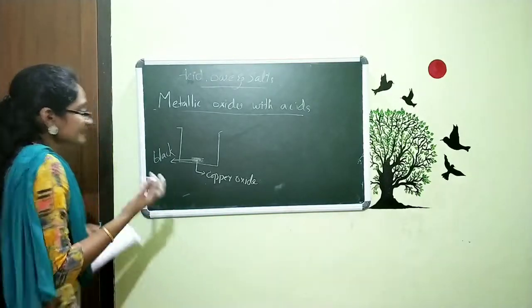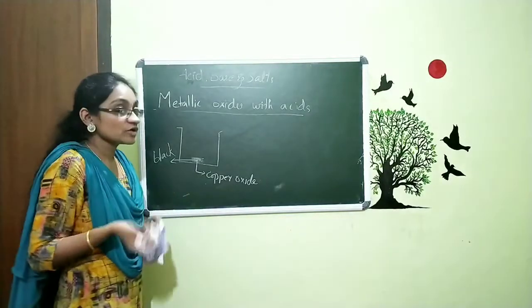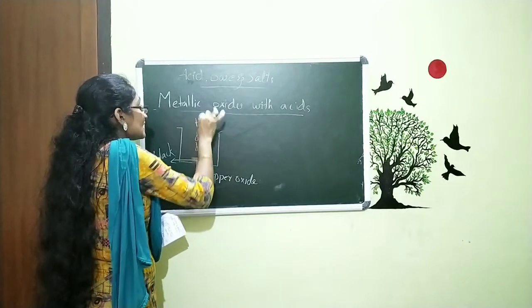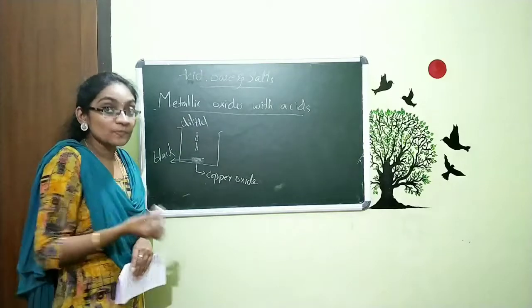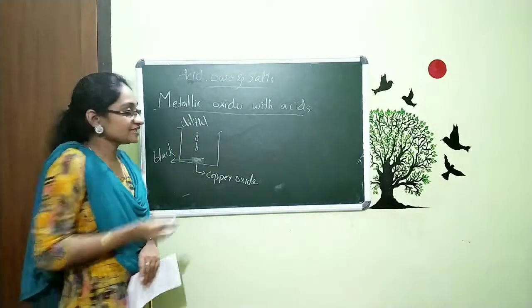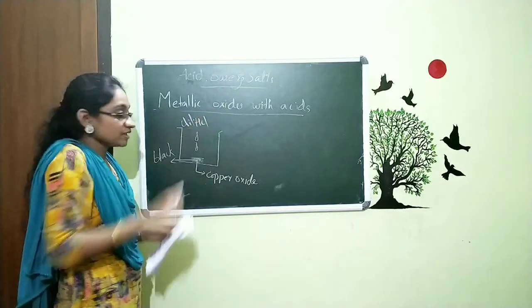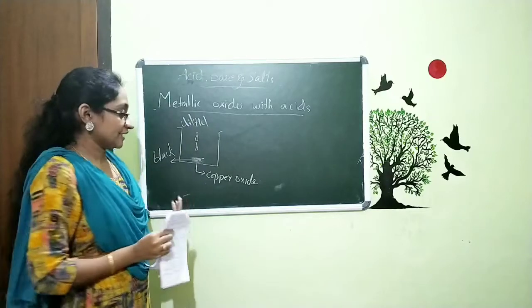So I am collecting some copper oxide in a beaker, and now I am going to add dilute hydrochloric acid, HCl, drop by drop in this beaker, shaking it at the same time.